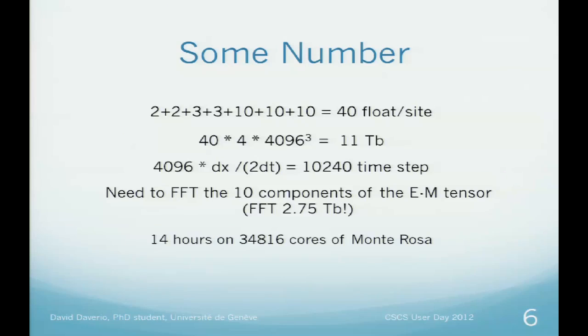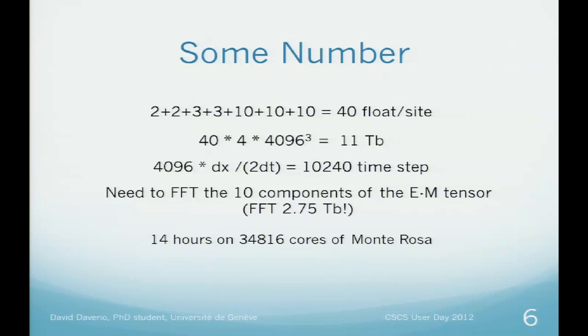Okay, some numbers about the simulation. We have 40 floats per site of the lattice, so it means 11 terabytes in the RAM. We evolve the simulation up to the time that the light has traveled half of the box, because we are simulating with periodic boundary conditions, and we don't want to see the periodicity affecting things, because we are simulating the universe, and the universe is for sure not periodic.